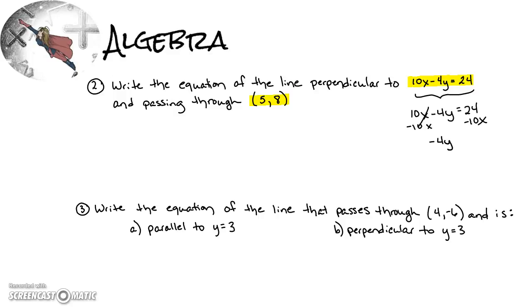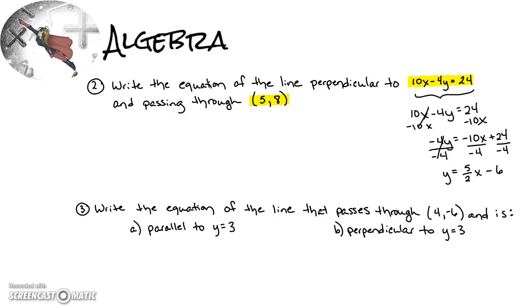Negative 4y equals, and let's write it with x first, so negative 10x plus 24. And then divide everything by negative 4. Alright, so I get y equals, and this reduces to positive 5/2 x minus 6.